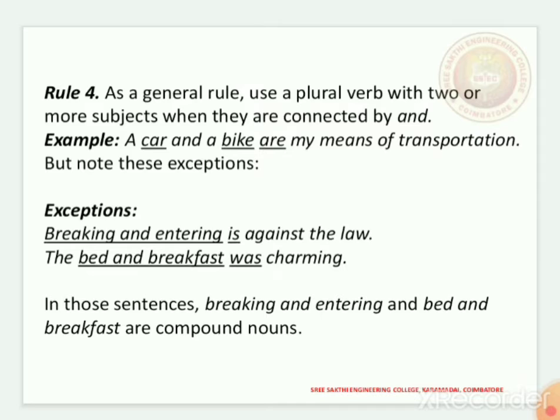But note these exceptions. There are some exceptions. Breaking and entering is against the law. The bed and breakfast was charming. In those sentences, breaking and entering and bed and breakfast are compound nouns.